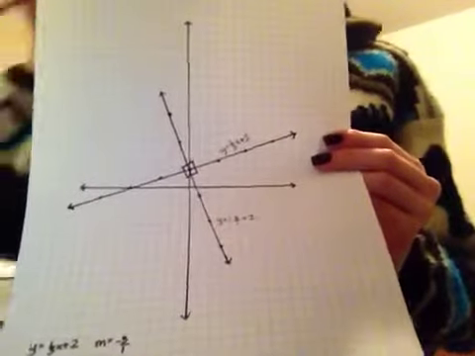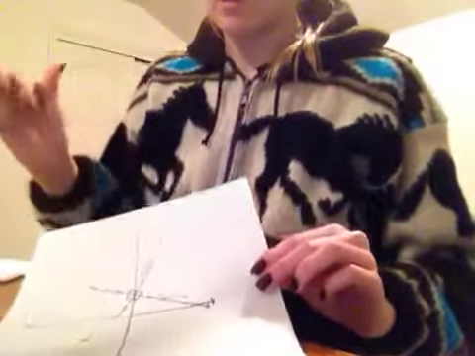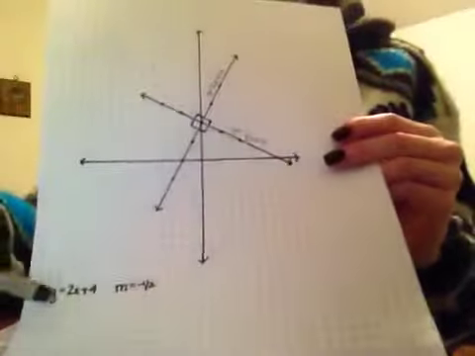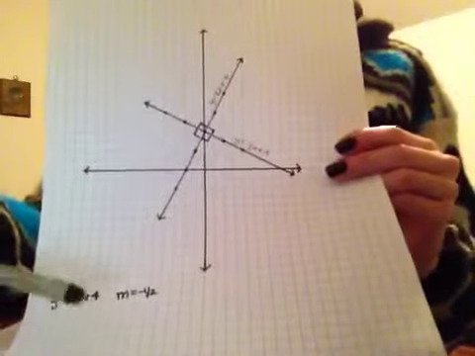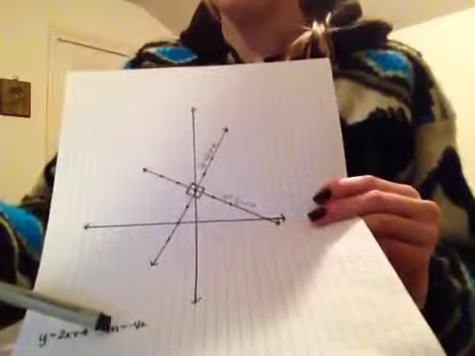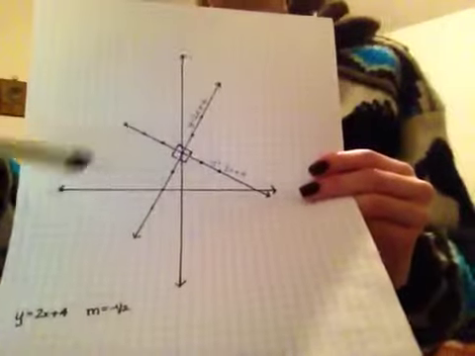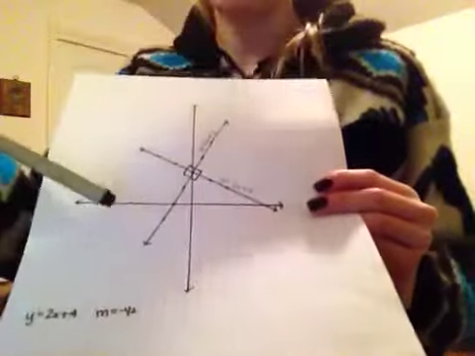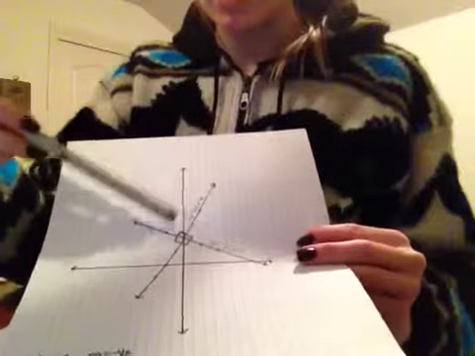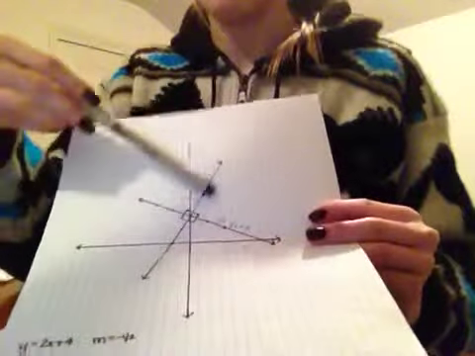So let's take a look at a third example, since we have pointed out that trick. And see here. Alright, we have y equals 2x plus 4 and a slope of -1/2. Alright, so we would plot y equals 2x plus 4, which is this line right here.